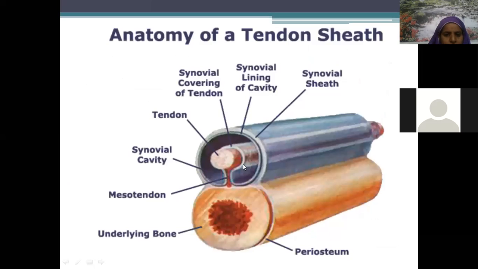So this is the tendon, and you can see as though peritoneum is covering the visceral organs like mesentery, greater omentum, which we have seen covering the visceral organs. Similarly, these tendons are enclosed by this synovial sheath. You are finding a cavity also in between. This suspension is mesotendon.